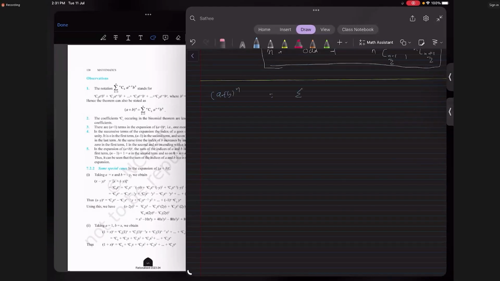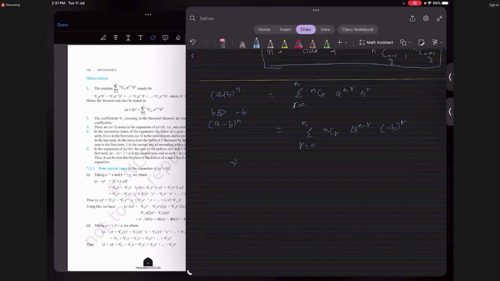This is the summation of nCr a to the power n minus r b to the power r, where r goes from 0 to n. And if you replace b by minus b, then (a minus b) to the power n is equal to the summation, r equal to 0 to n, of nCr a to the power n minus r and (minus b) to the power r.